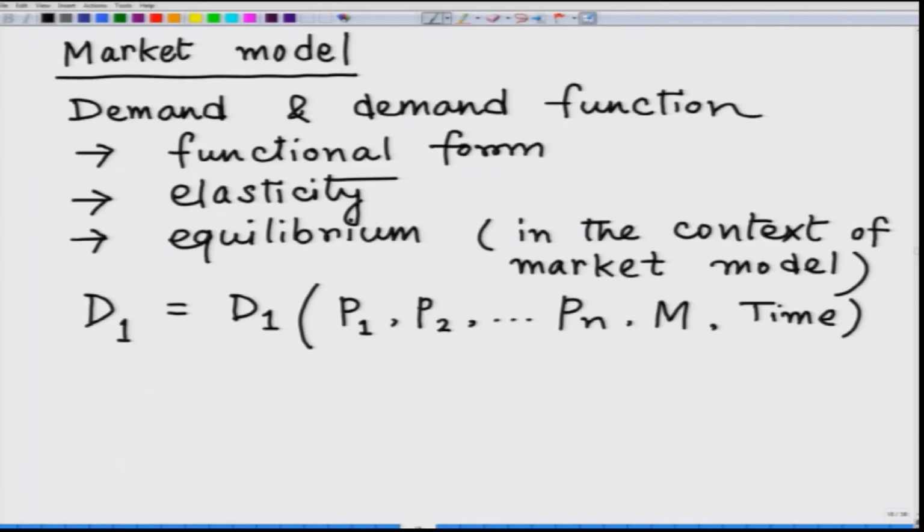To simplify, we can assume that these other goods' prices are held constant like this. So, they do not change in our model. Consumer cannot also control this.